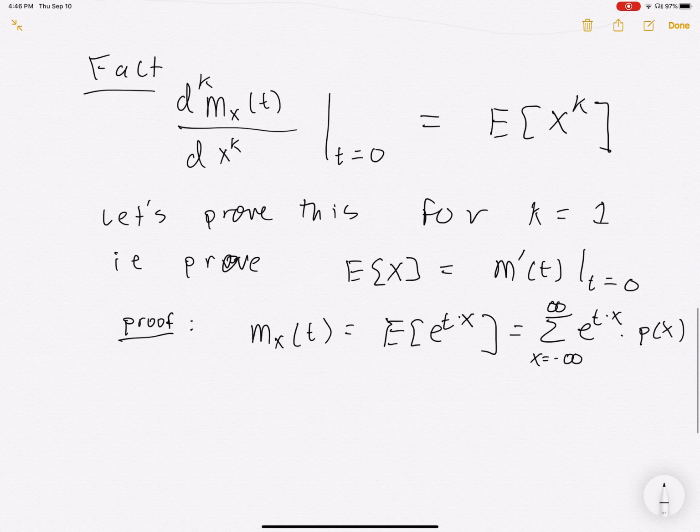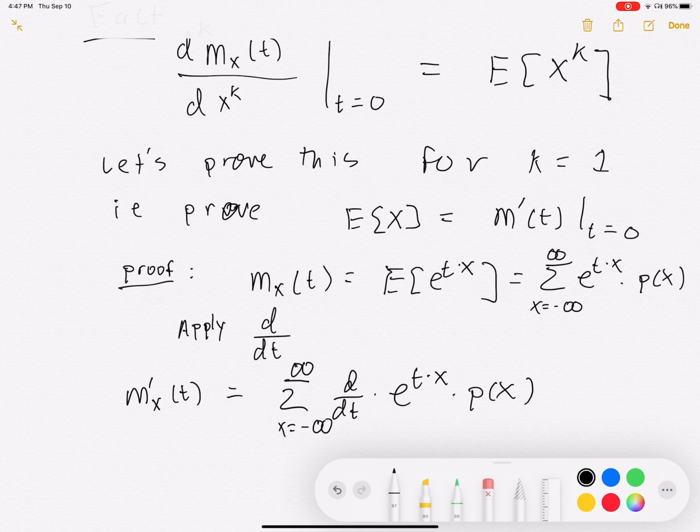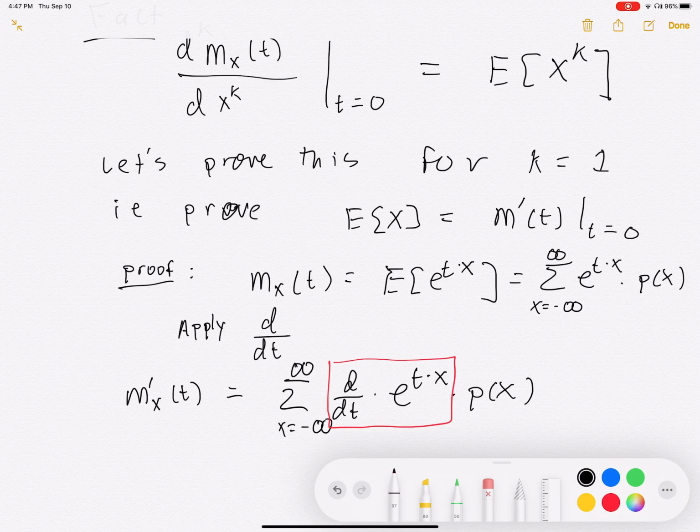Now if I differentiate, and notice the variable here is t, if I differentiate with respect to t, this says that the moment generating function's derivative with respect to t is going to be equal to the derivative of this. And now the only thing that involves t here is that term. So that's the only term that we differentiate.